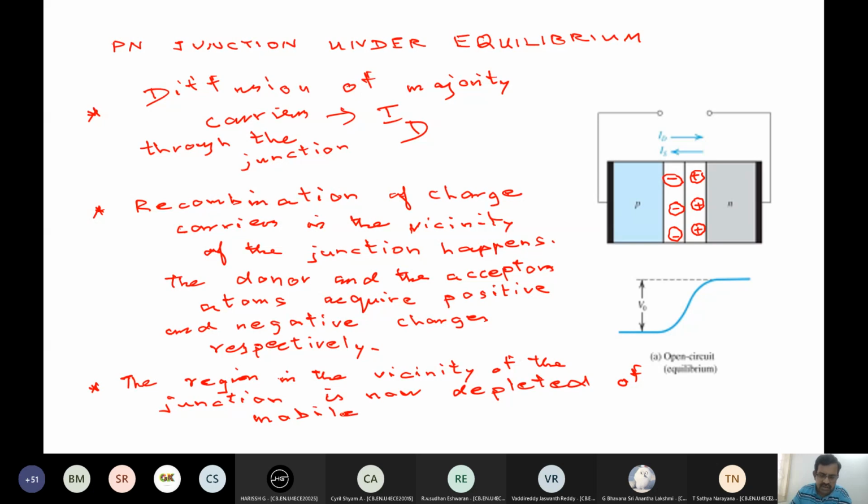The mobile charge carriers are, of course, the holes and the electrons. Hence it is known as the depletion or space charge region.